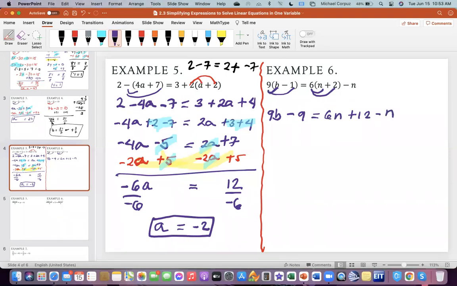Let's see if we can combine like terms. For 9b minus 9, nothing to combine. For 6n plus 12 minus n, we can combine 6n minus n. All right, so what is 6n minus n?